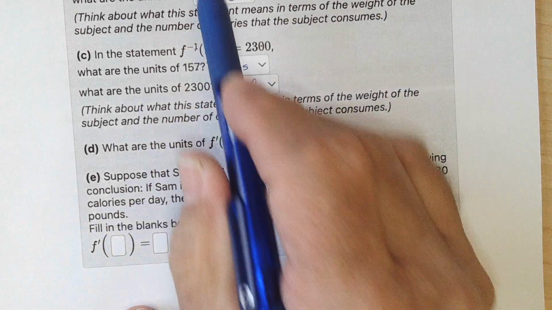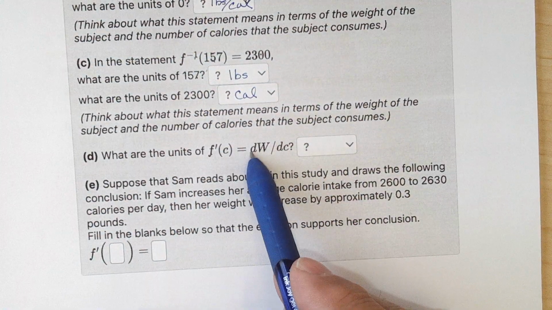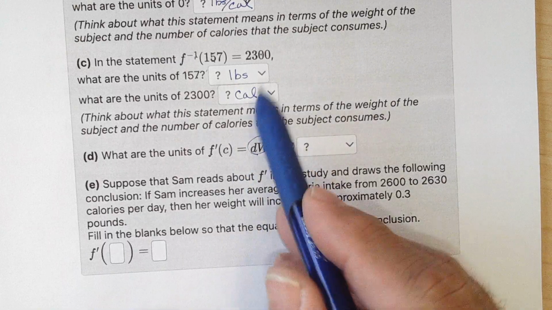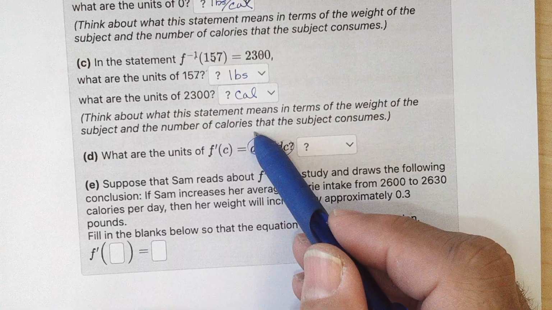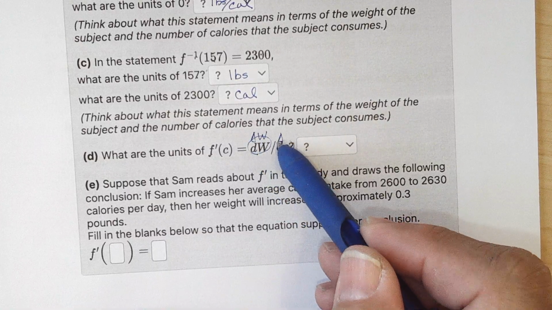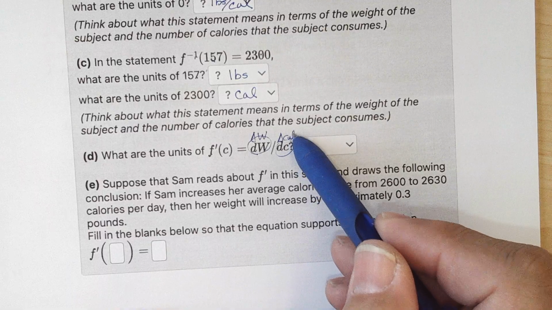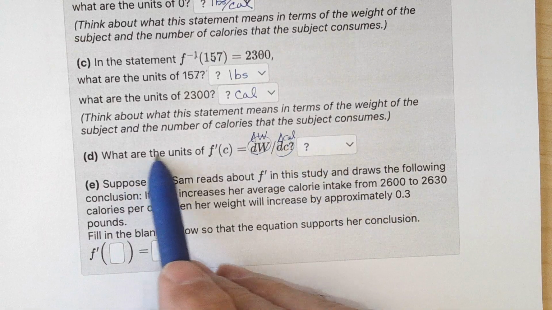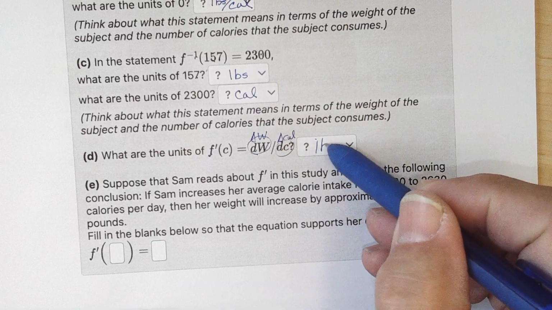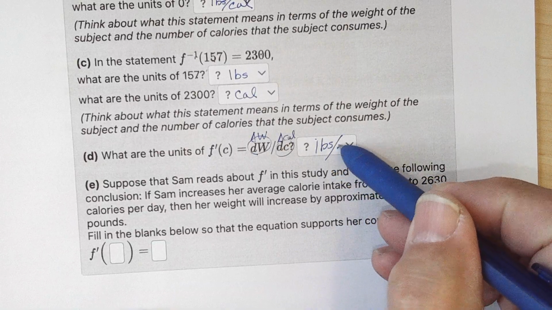Now the derivative of f back to here is change in the weight over the change in the calories. They're using a small d for change. And what are the units of this? It's pounds per calorie.